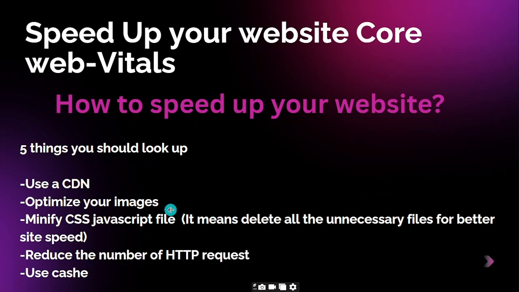First things first, if you're new to blogging or new to SEO, this is important when you're starting your blog: use a CDN. CDN is a technical term, defined as content distribution network. Let's say you have a website in Australia and you want to show that website in Spain.